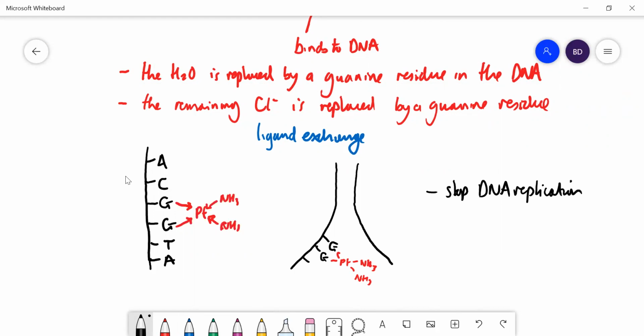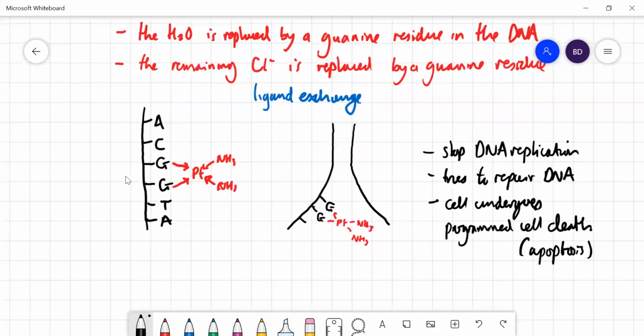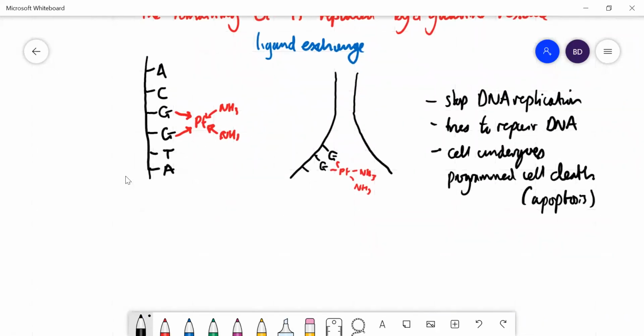The cell tries to repair the DNA, and when it can't do that, the cell undergoes programmed cell death. So it basically kills itself, which is called apoptosis. If you do biology, you've probably heard about apoptosis. But it basically works by stopping DNA replication. So you may think, well, why doesn't it kill healthy cells?